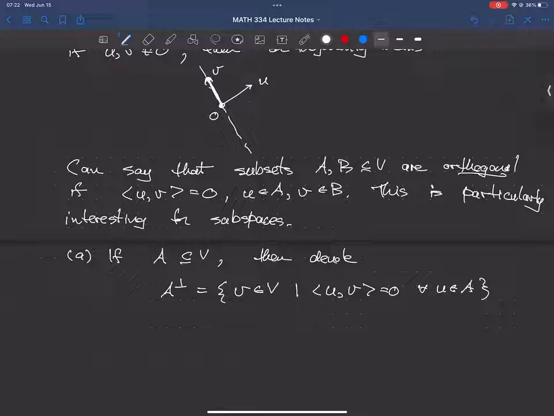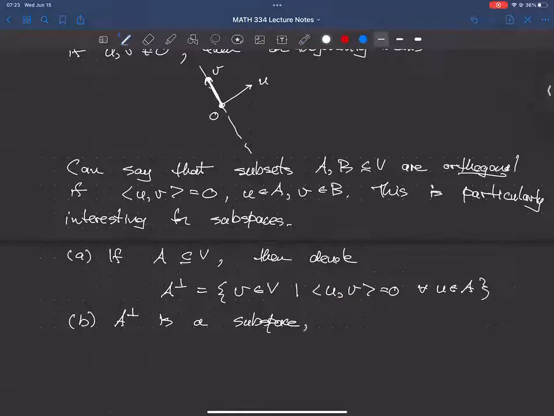Okay, so A perp is a subspace. And no matter whether A is a subspace or not, A perp is always a subspace, and that's relatively easy to verify just from that condition.